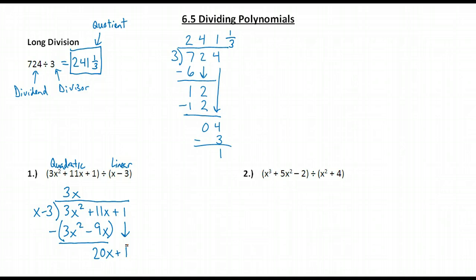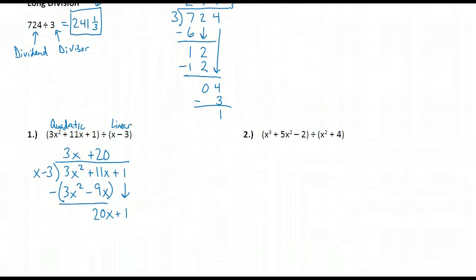Again, I'm going to look at my leading coefficients. 20x and x. How many times does x go into 20x? The answer is 20 times. Now I need to take 20 times x minus 3 and write my answer right here. 20 times x minus 3 is 20x minus 60.